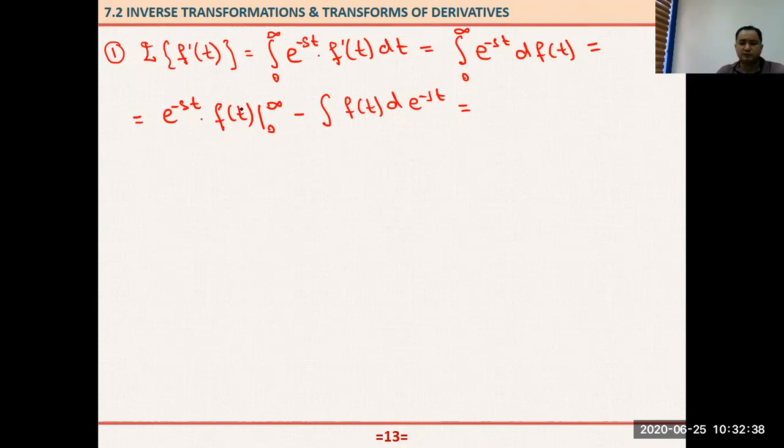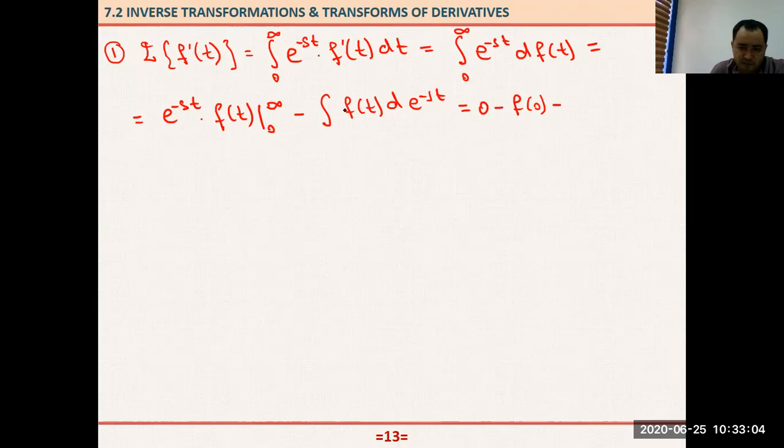Of exponential order means this. So when t is big, the limit of f over e to the power st is equal to 0. That means here we have 0 minus the value of this thing at 0. Here we have e to the power 0, which is equal to 1, times f of 0, so we have f of 0 minus, how about this thing?